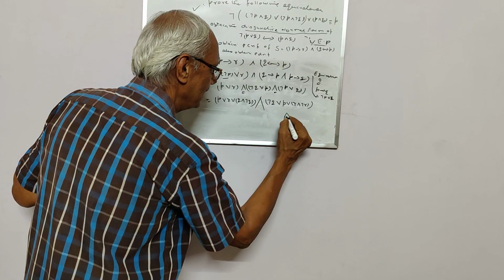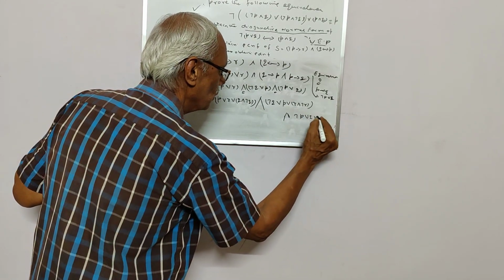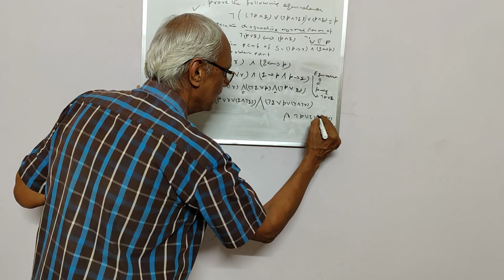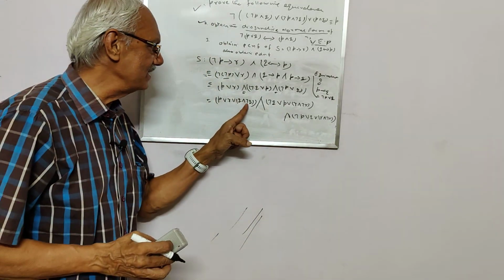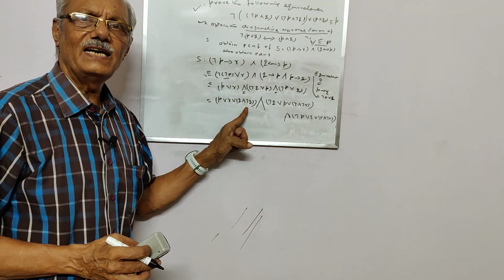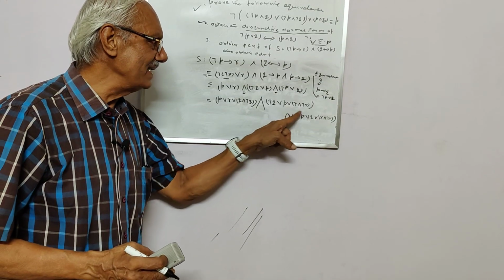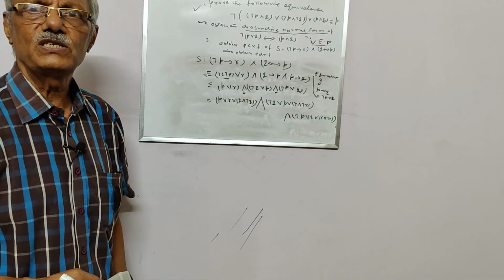Then again here it is negation P union Q union, then R intersection negation R. This is what you have. Are you able to understand? So here I have added something which is just like adding 0 to a number. Addition of a 0 is not going to change the meaning of the compound proposition in any way.